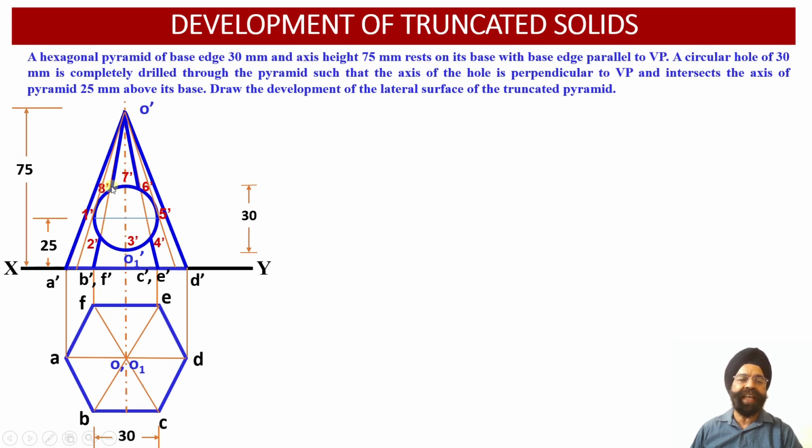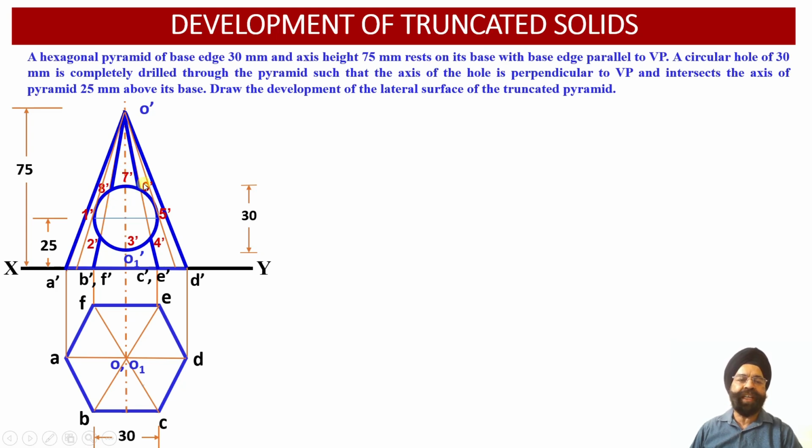Now we can find that there are 8 points of intersection which we have obtained in the front view projection. We can check the 2 points 2 dash and 8 dash; they have been obtained on the slant edges O dash B dash and O dash F dash.